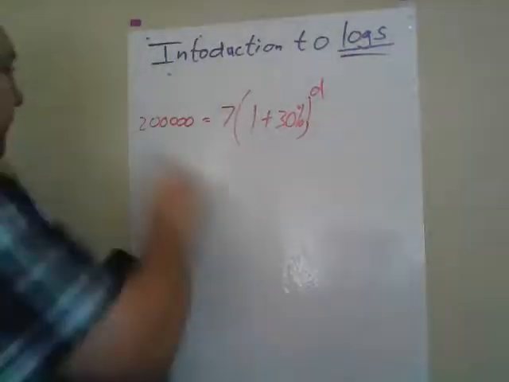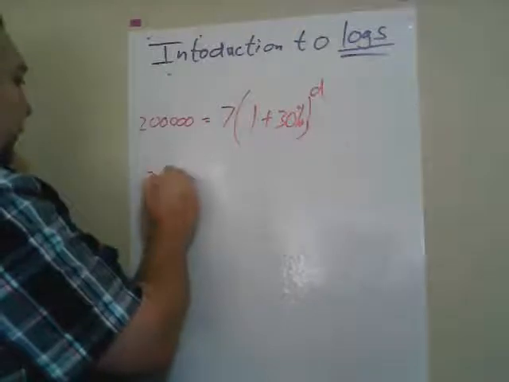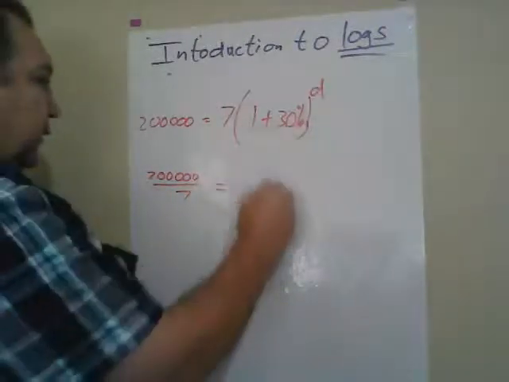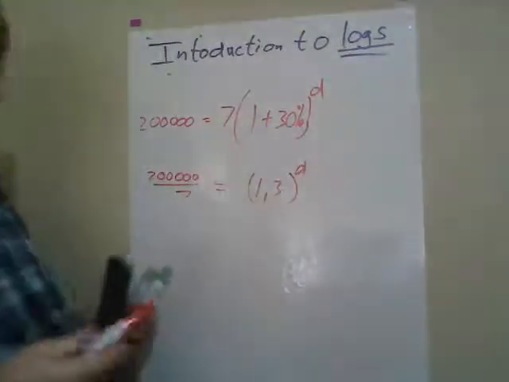Okay, so we'll divide by 7 because we want that on its own. So 200,000 over 7 is 1.3 to the power of D.